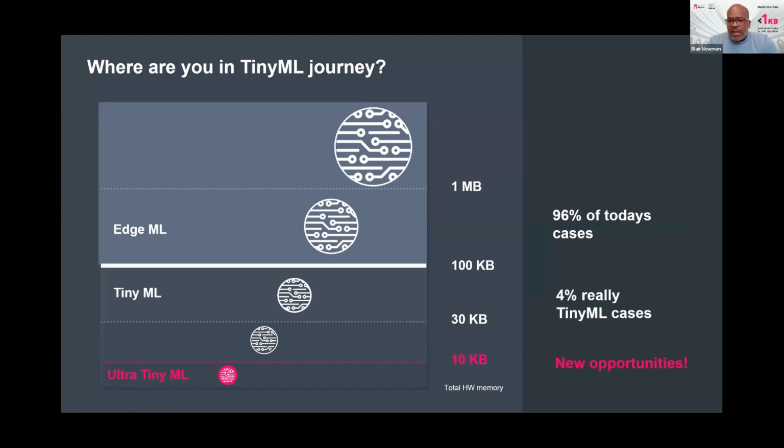Our objective, as we talk about enabling TinyML for everyone, is our belief that the definition of TinyML should be less than 10 kilobytes for your total footprint, and the models you are building should be less than a kilobyte.